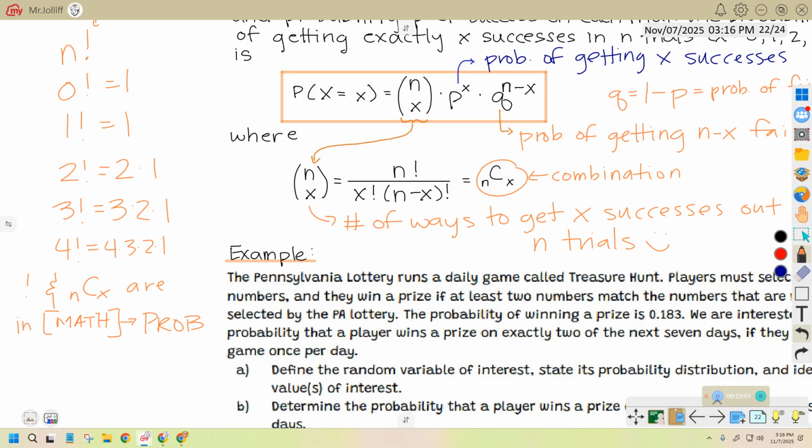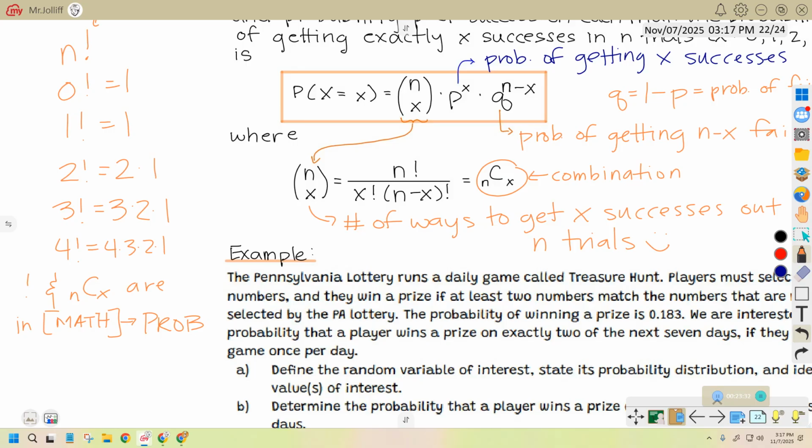That's why I boxed that version of it. That's what they give you. So they're not going to give you the ugly fraction. You either need to remember that that binomial coefficient is the ugly fraction, or you need to remember that that binomial coefficient is just nCx, which is in your calculator.